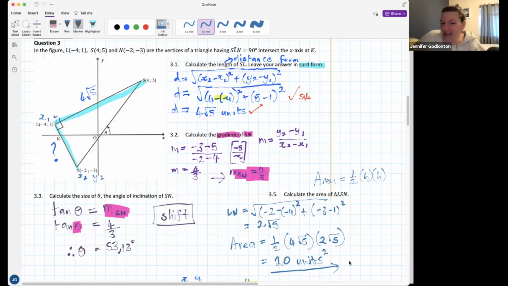Do we have any brain buffs who got this right? If you are looking at it yourselves, I want you to give yourselves a mark for getting the 2√5, a mark for showing your substitution, and then a final mark for your answer. Nice job.